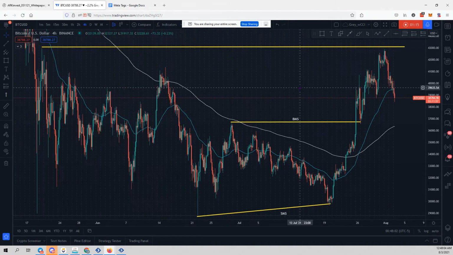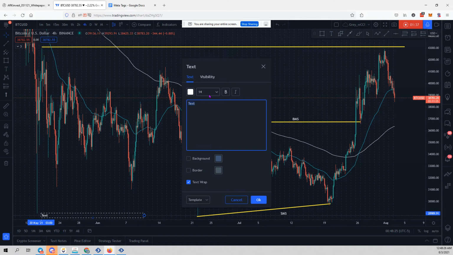The reason why is because this up here was previous market structure. This was the peak, the swing high of this entire 10, 11,000 point range, because price came down to this lower low right here.